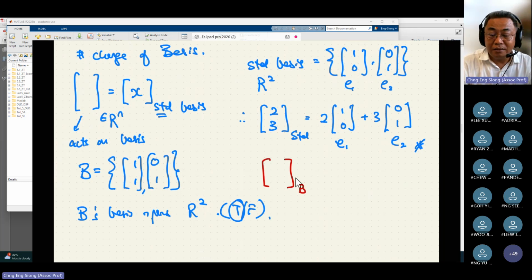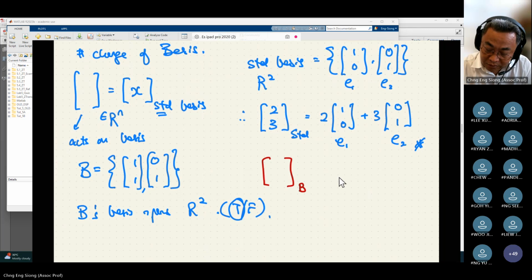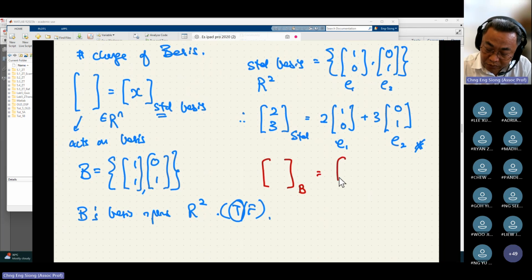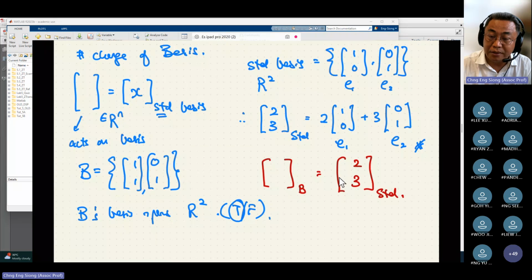What am I going to equal to? 2, 3, right? This is the standard basis. What am I going to write here, guys? Something times B equals to this. What do you think I'm writing here?